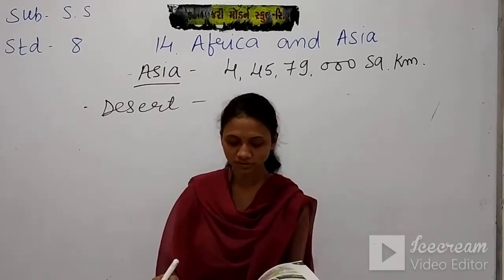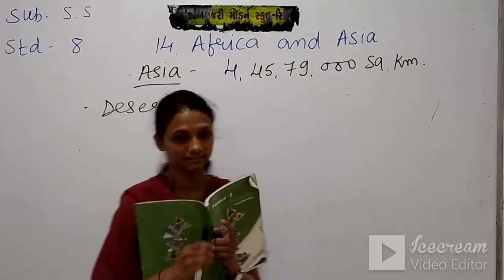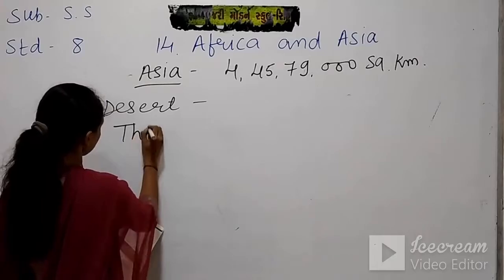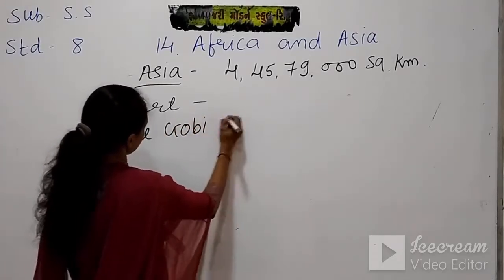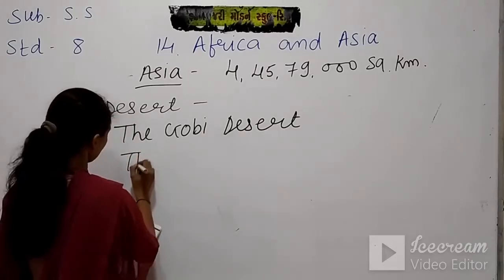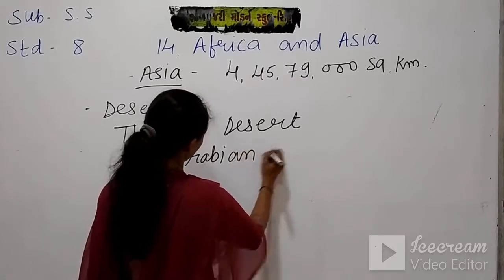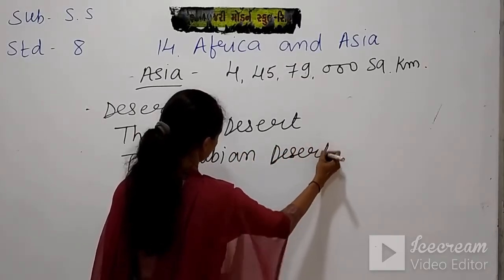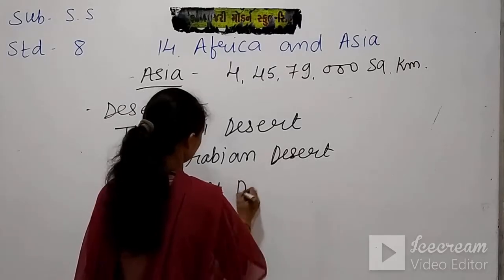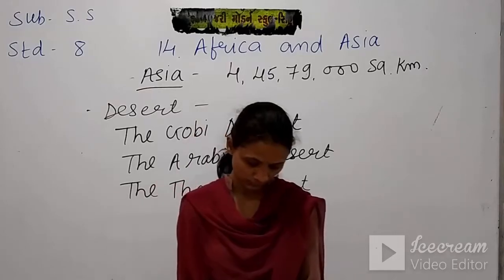Major deserts located in Asia are the Gobi Desert, Arabian Desert and the Thar Desert. There are three main deserts. These are the major deserts. Here we have the pictures.